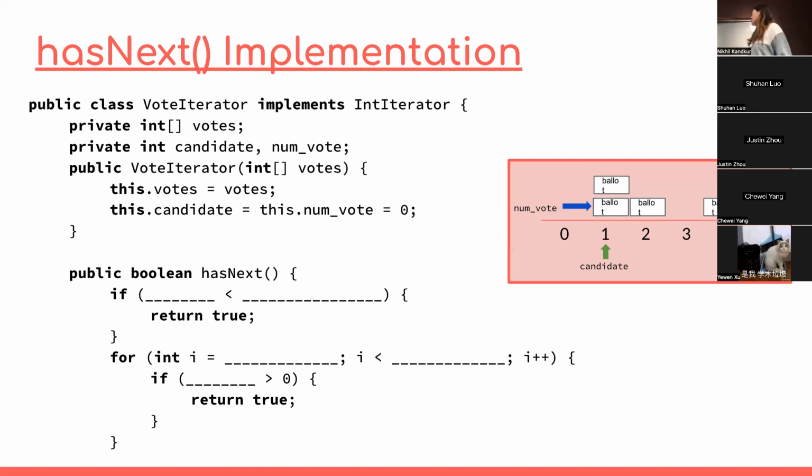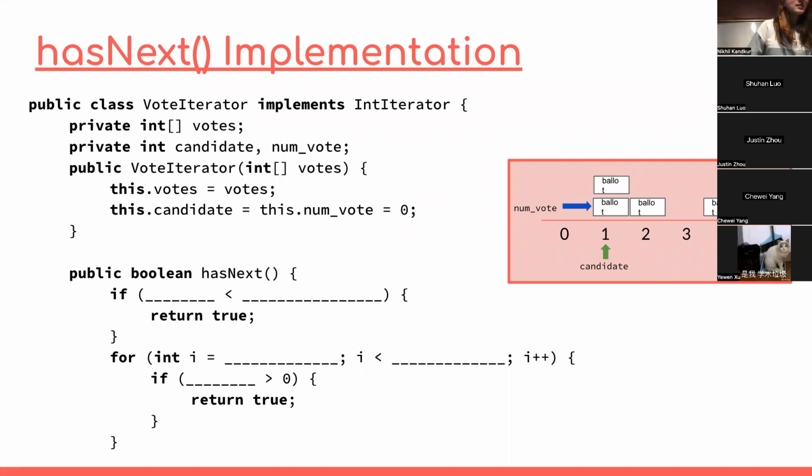In this situation, we're checking whether or not we're done with the candidate. Does that make sense? The code for this would be: if num vote is less than votes indexed by the candidate. Because all you're checking is that in the current candidate that I'm in, are there any votes left over, any next votes?